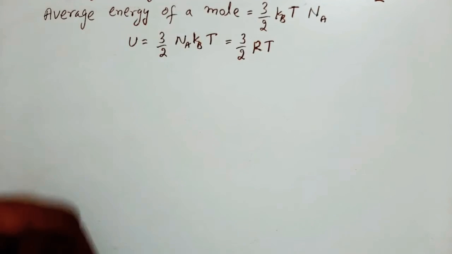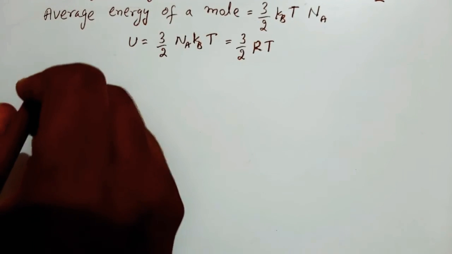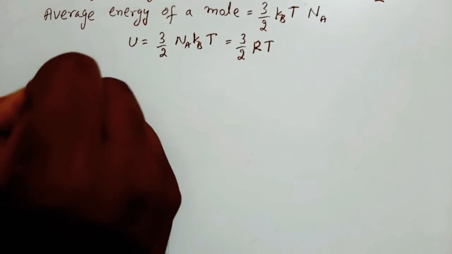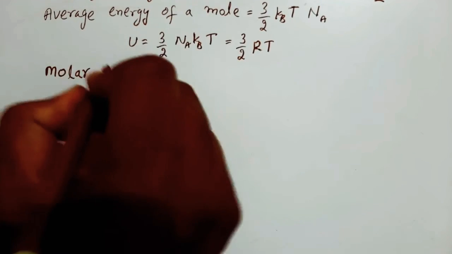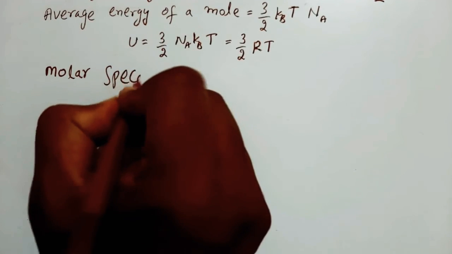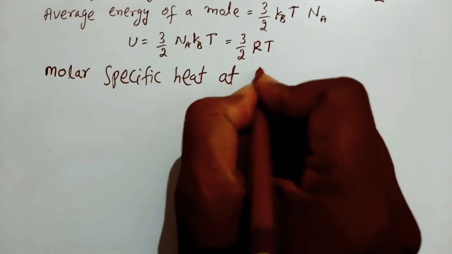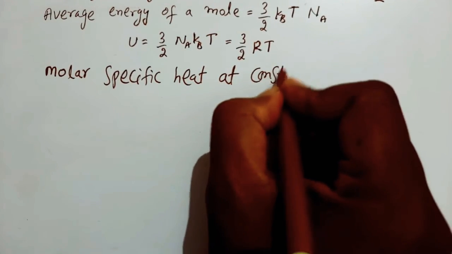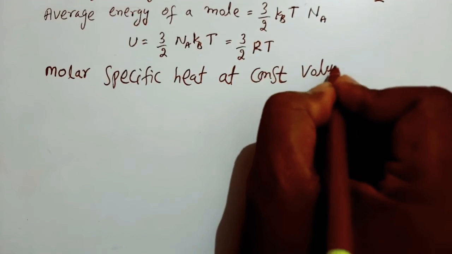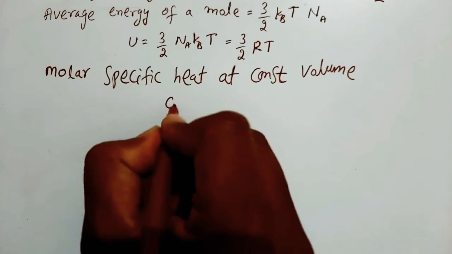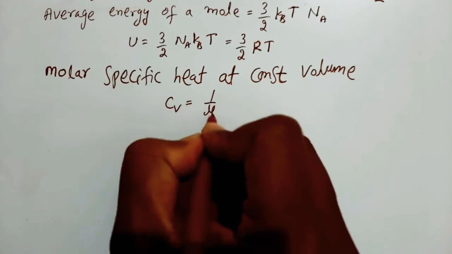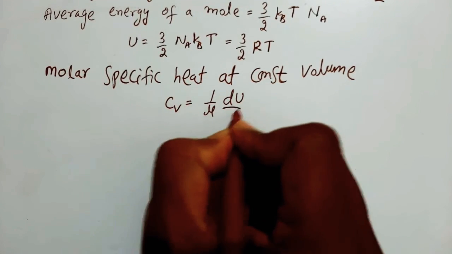We know the molar specific heat at constant volume is Cv equal to 1/mu dU/dT.